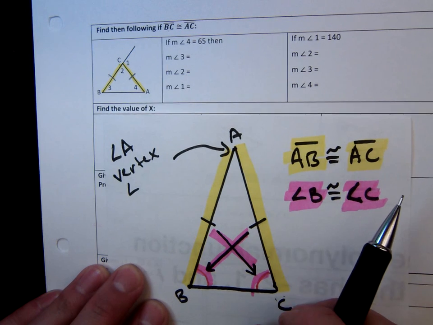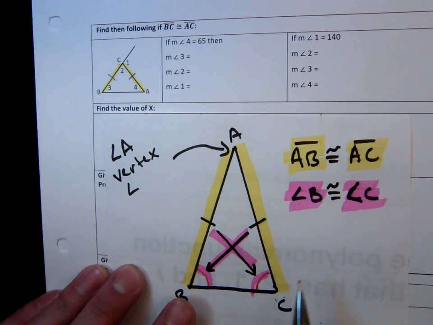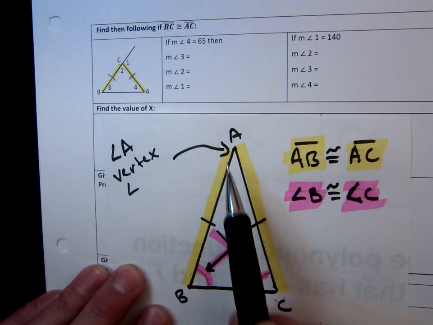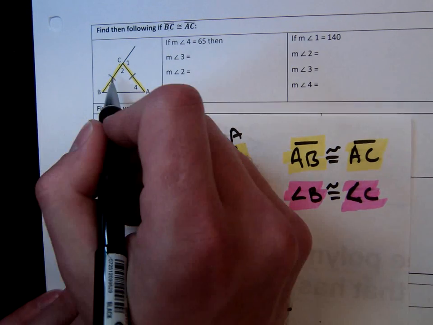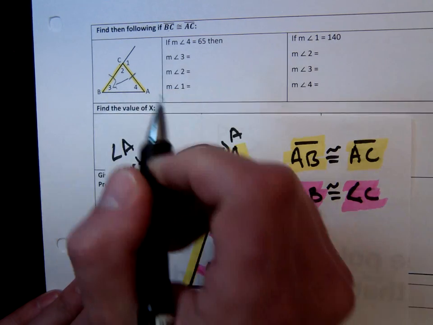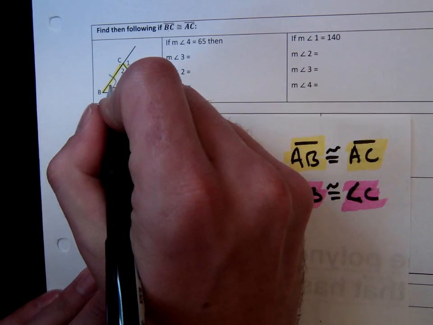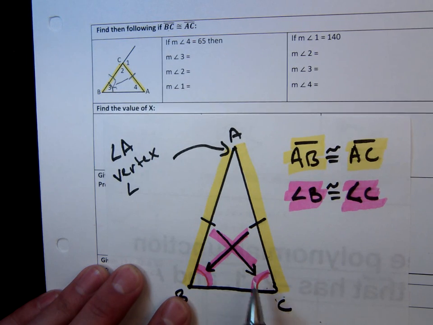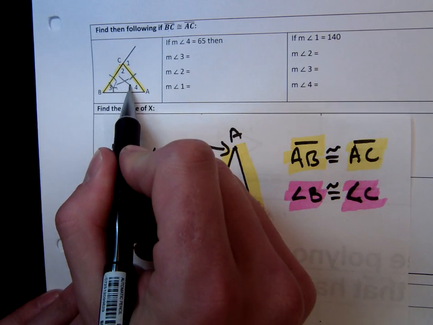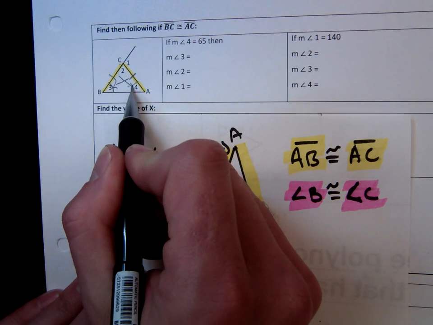Now based off that, I can make another observation. If I look here, I see that AB and AC were congruent. The letters are different, but that's okay. Well, they're opposite angles. So in this case, angle 3 was congruent to the other opposite angle, angle 4.